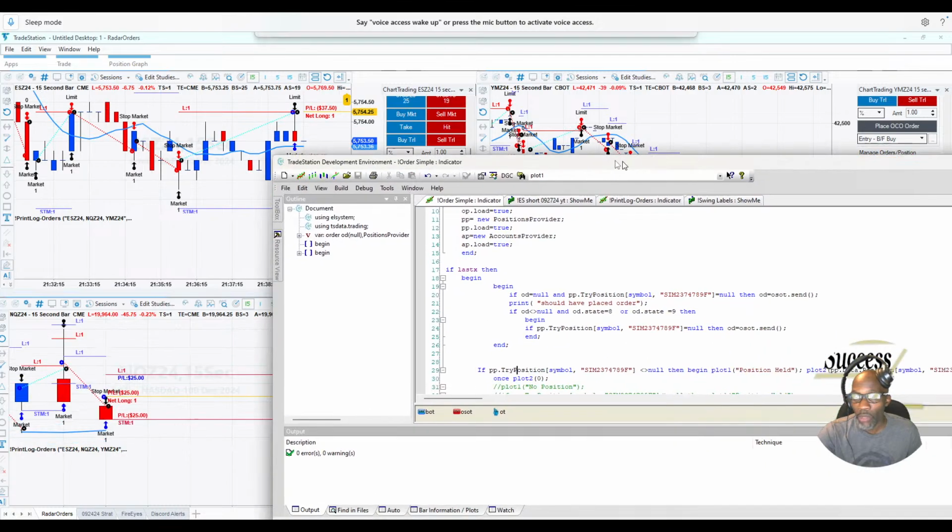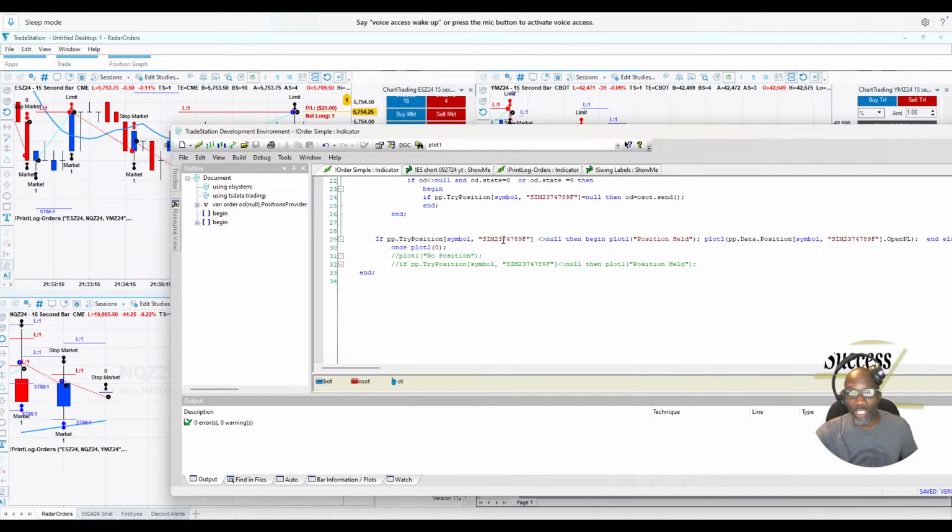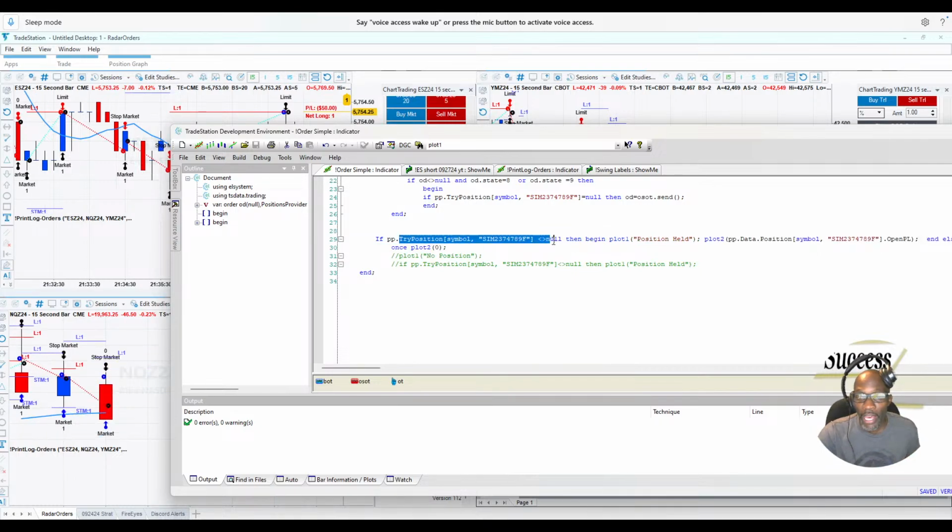So in order to get that, we need to plot. So what we want to plot is if we do have a position on, right? So we're going to try the position for the symbol of the chart that we got and our futures account that we're using. If that's true, if we do have a position on, then we're going to say position is held. We have a position.